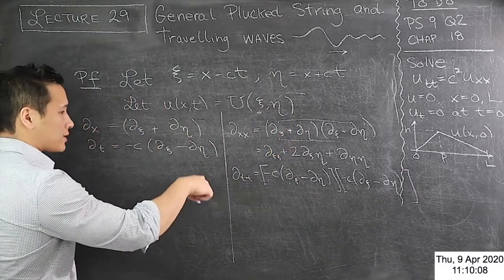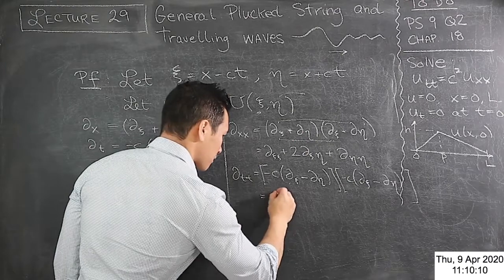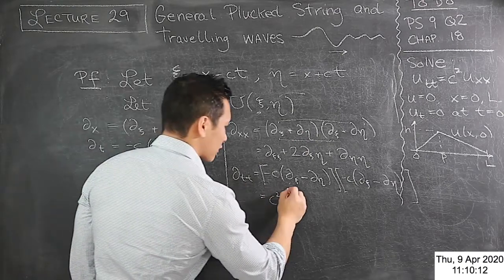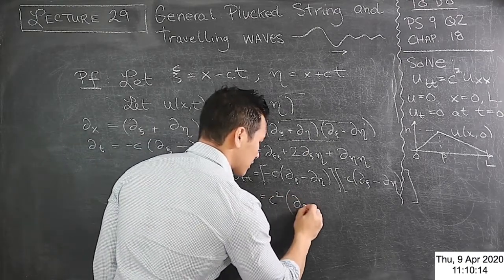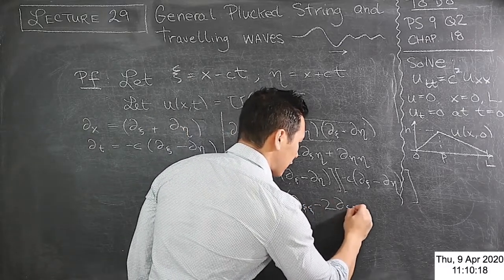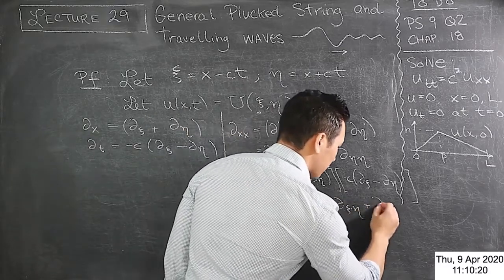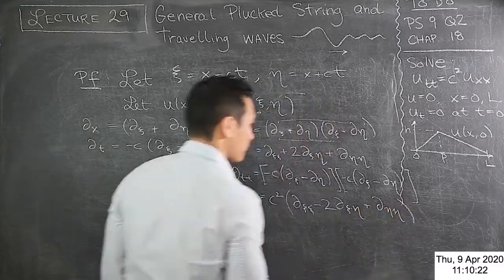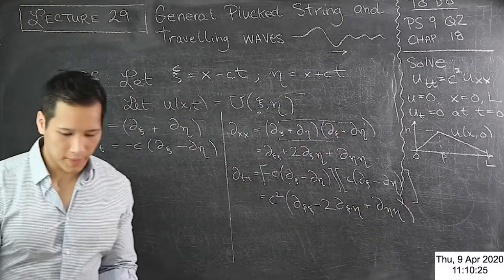Okay, you get the c squared coming out. And then you have to expand the quadratic factors again. So this gets you c squared dcc minus 2 c squared dc eta plus c squared d eta eta. Okay, and then we're done.